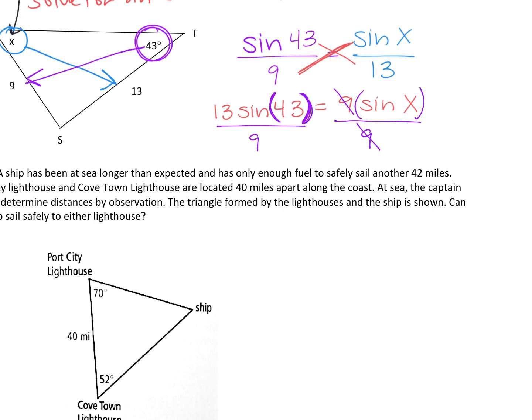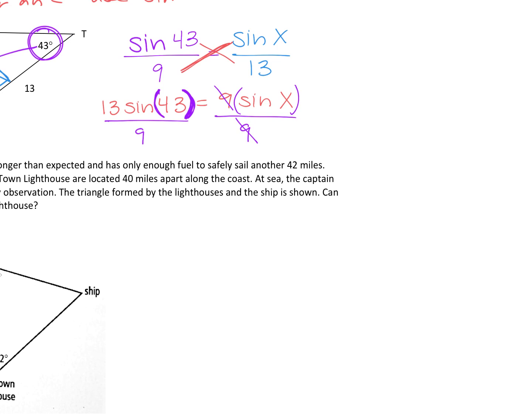Your calculator is going to start it. You have to finish it, okay? So 13 sine parenthesis 43, end your parenthesis, then divide by 9, okay? So then what we have is this all came out to 0.9851, some big number, okay?